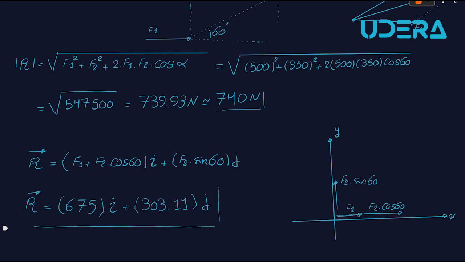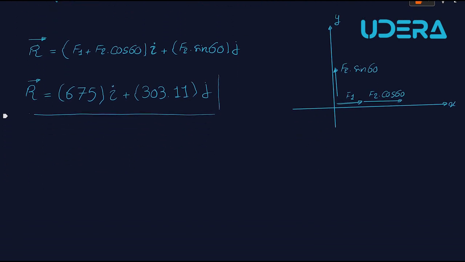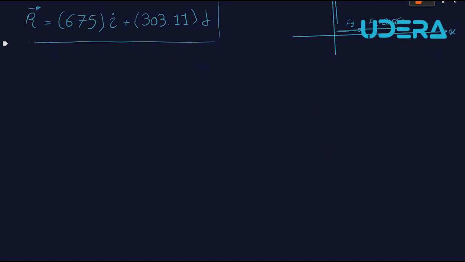The last thing the problem asked us to find is the angle that R makes with the x axis, the positive x axis. In order to find that, again, I'm going to sketch a 2D plane x, y.